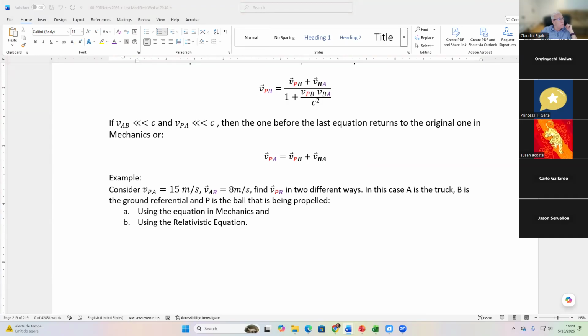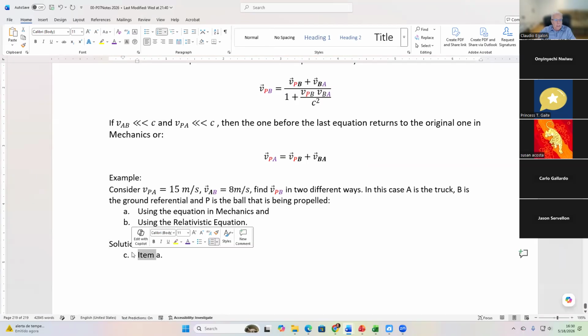Solution. Item A. So all you have to do is find VPB.